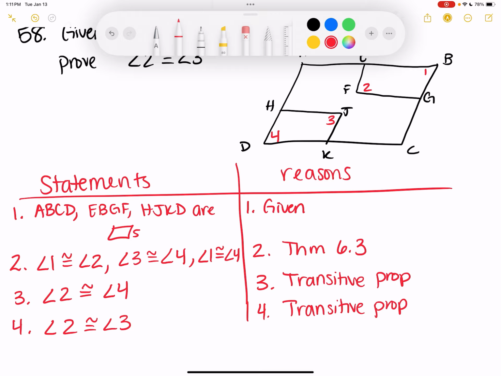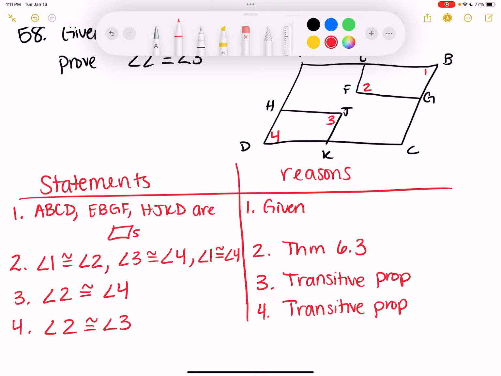So in step 2, okay, obviously we put everything that follows theorem 6.3 together. You could have them all together. You could write them separate. I actually had 1 and 2 and then 1 and 4 in one step together when I did it earlier. And then I did 3 and 4 in its own step. I don't know why I did that, but anyways. So just be aware of that.